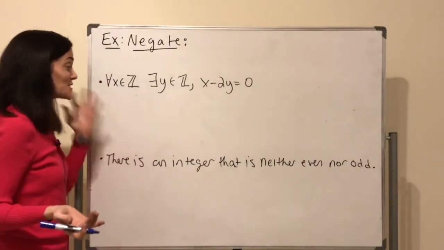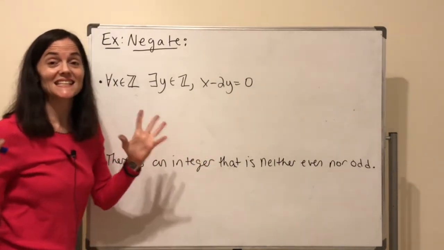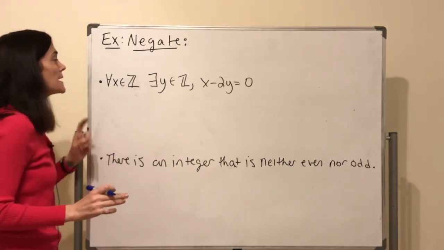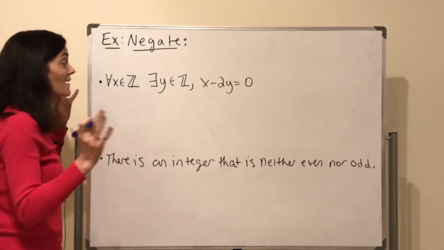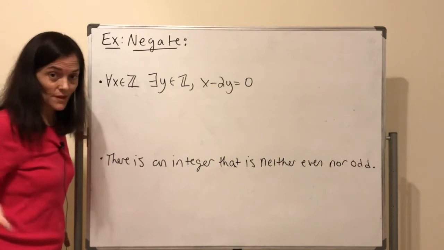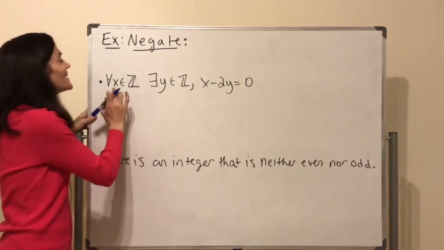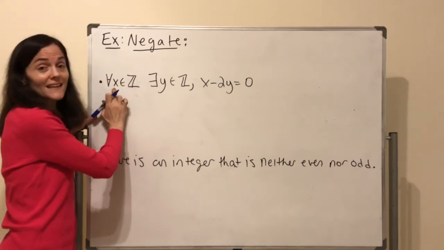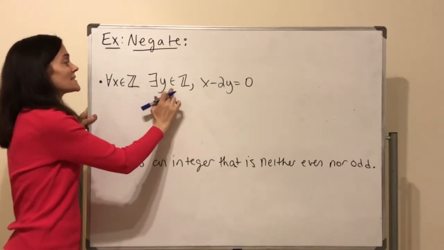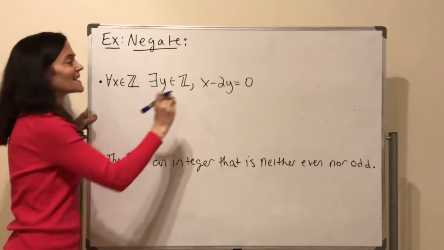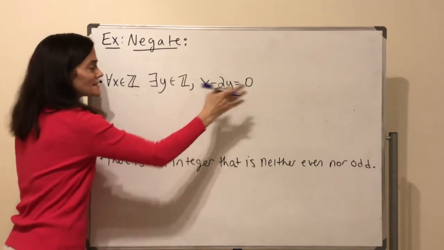Here are 2 more examples to practice negating statements. Before we start, I also want to think about the truth of each statement because it's a nice exercise for us. Here, for all integers x, there exists an integer y such that x minus 2y is 0.